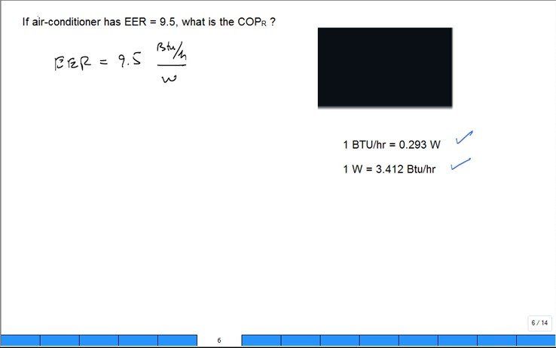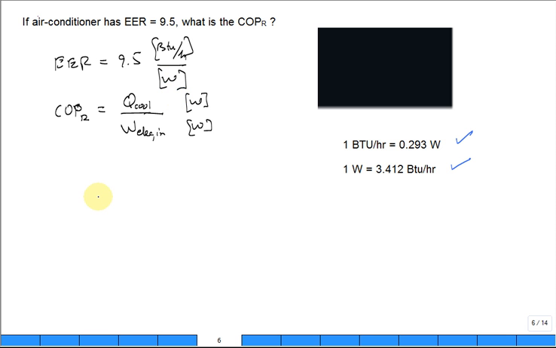We know that the COP for the refrigeration has the same ratio of how much cooling was provided for how much electric work came into the system. It's the same thing, but this is in watts per watt, dimensionless in that regard, not BTUs per hour per watt.